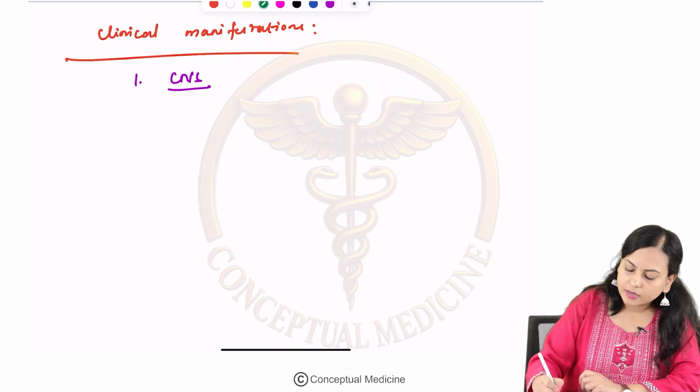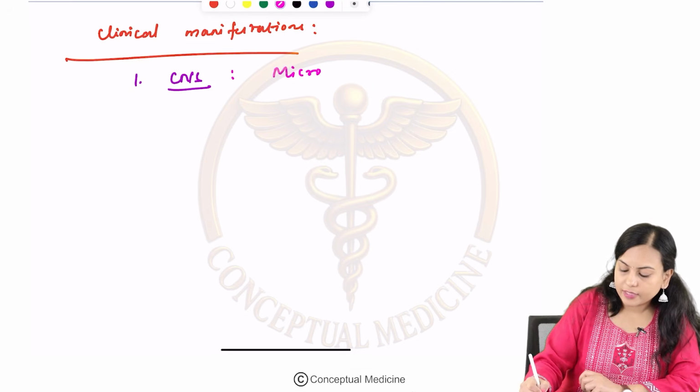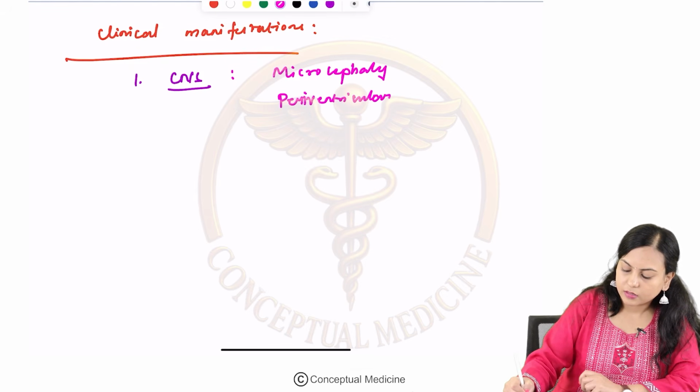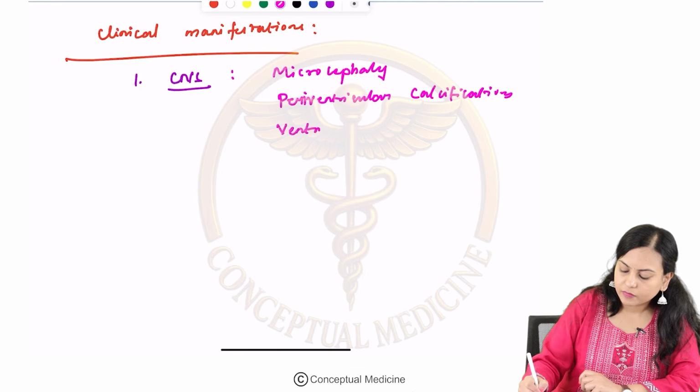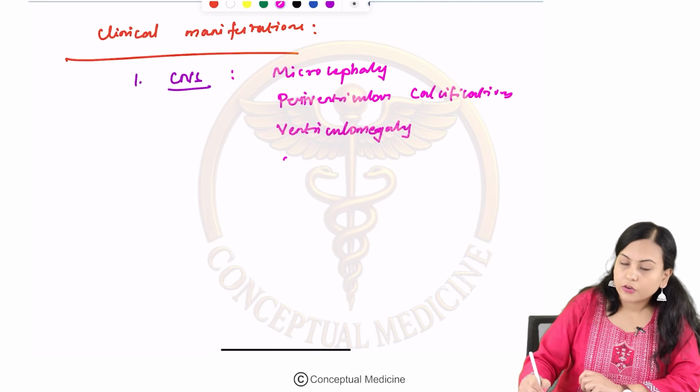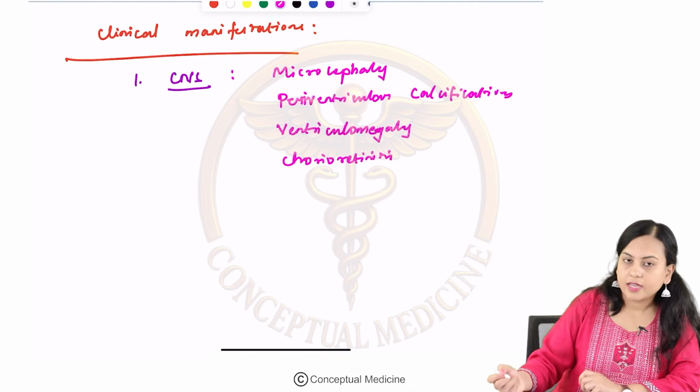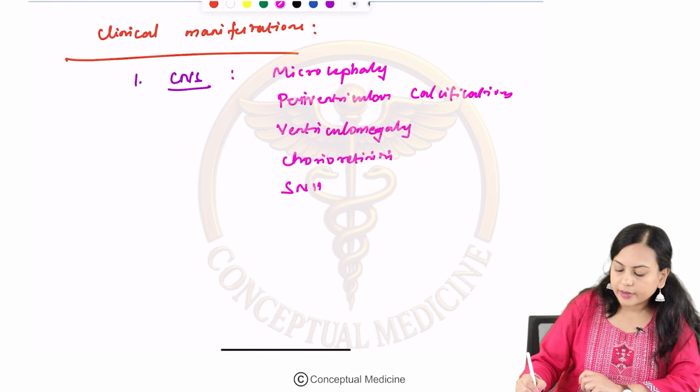So, in CNS, you can have microcephaly, periventricular calcifications, ventriculomegaly, chorioretinitis, and sensorineural hearing loss.